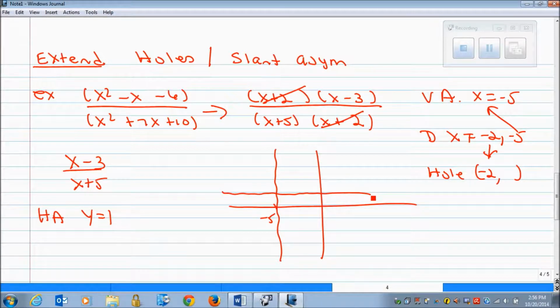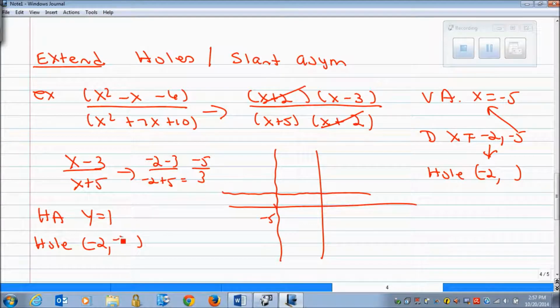So what that means is at negative 2, we have a hole. So we're going to plug negative 2 into this equation. So we have negative 2 minus 3 over negative 2 plus 5. That will be negative 5 over 3. So negative 5/3, which is not quite at 2. So we're going to say 1, 2. And when we get to our graph at negative 2, negative 5/3, we're going to put a hole in our graph.